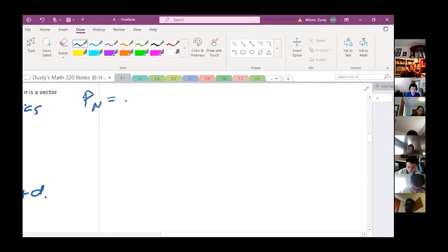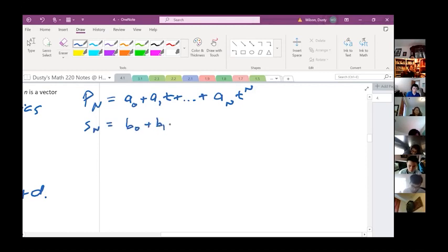And so I could write a couple of them. Pn is maybe like a0 plus a1t plus dot dot dot plus an t to the n. So it's like an nth degree polynomial. If I wanted a second one, I could call it Sn, and it would be b0 plus b1t plus dot dot dot plus bn t to the n. So if we want to figure out whether we've satisfied these axioms, we could look at, say, axiom number 1.